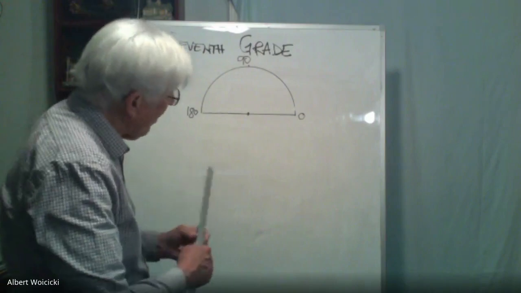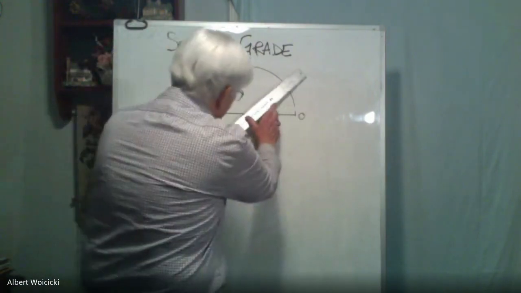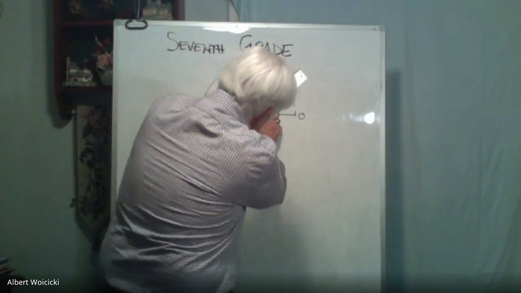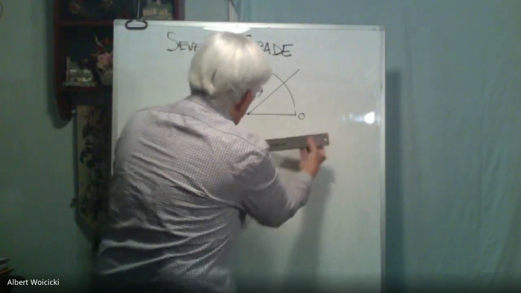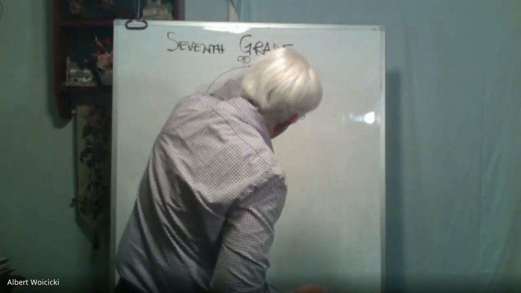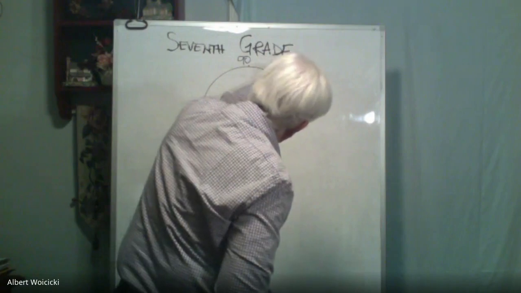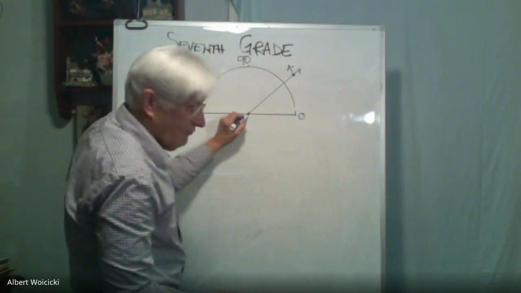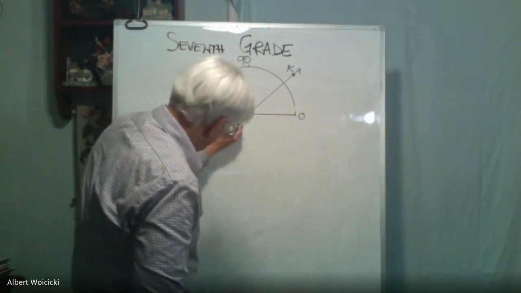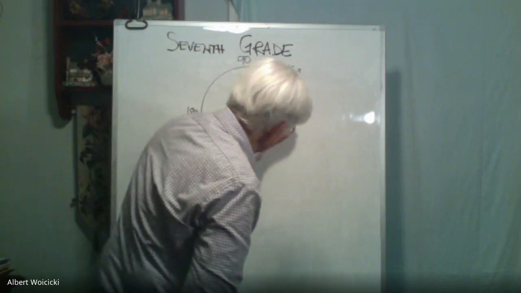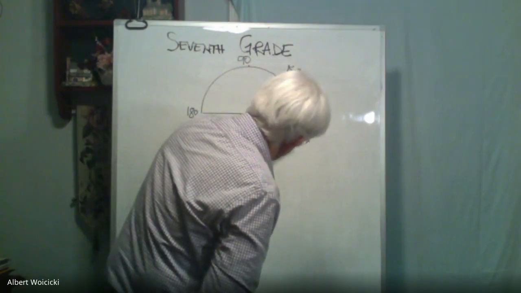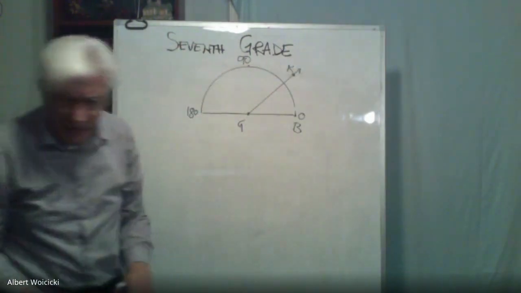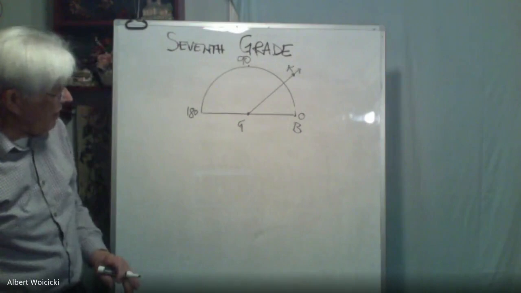So what we have to be able to understand is if I have an angle like this, and I don't know what the measure of this angle is, and I'll call this point out here K. This point right here, which is the vertex of my angle, I'll call it G. And I'll call this point over here B. And I'd like to call it a KGB.